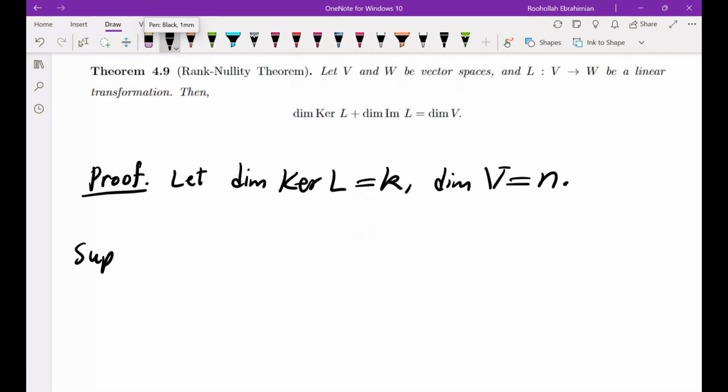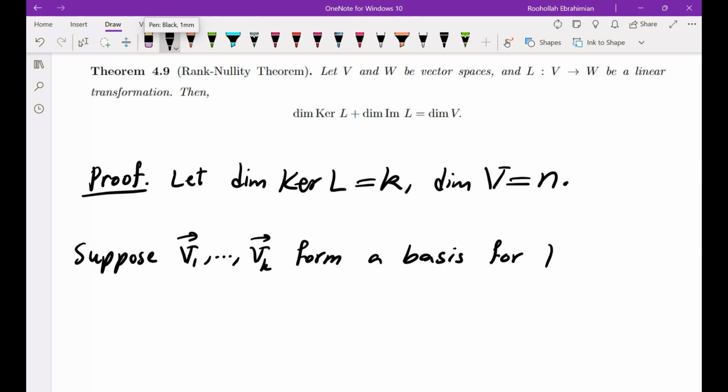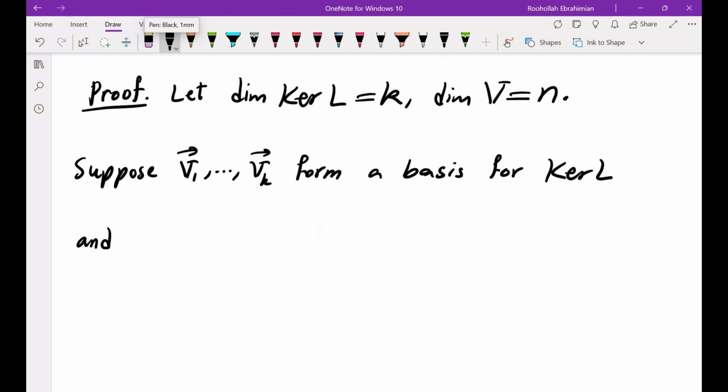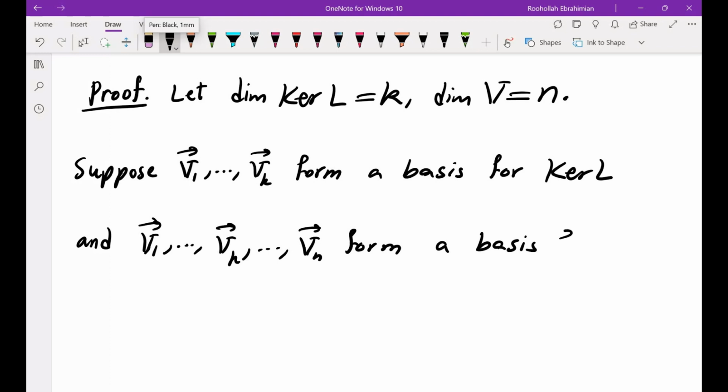So suppose v1 through vk form a basis for the kernel of L, and v1 through vk all the way to vn form a basis for V. So how do we know this one?